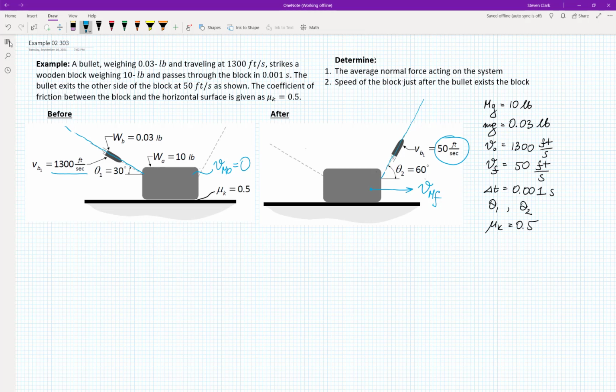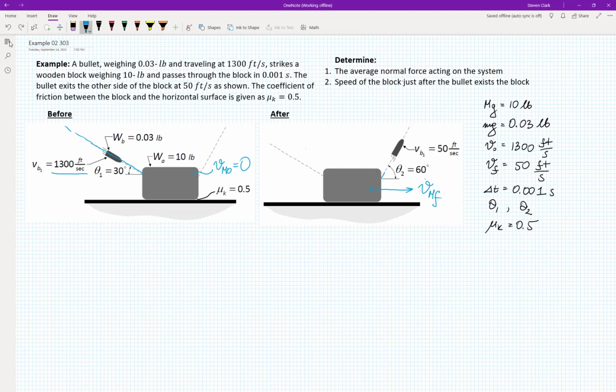Before we had 1300, now we have only 50. What else do we know? Aha, we know that there is a friction between the block and the ground, right? And we know geometry. We know that this θ1 is 30 degrees, and we also know the value of θ2. Is there anything else we know?